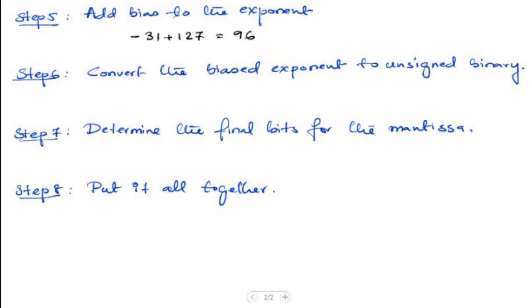So we have to convert 96 to binary. But in task 1 and task 2 you already learned how to convert it, so I'll not show it again. I'll just directly write the value for 96, which is 0 1 1 0 0 0 0 0. Okay, so that's 96 here.